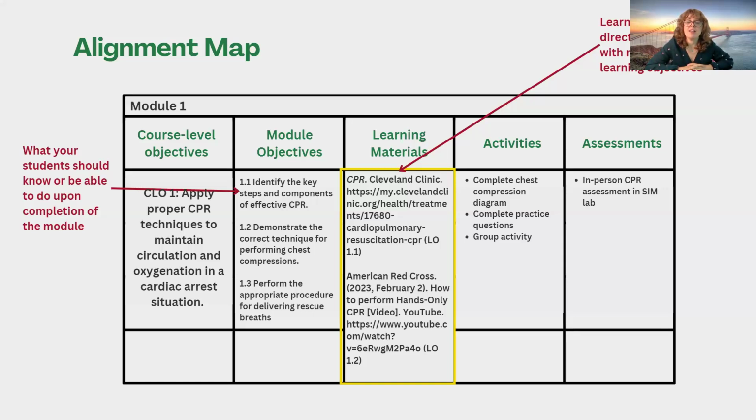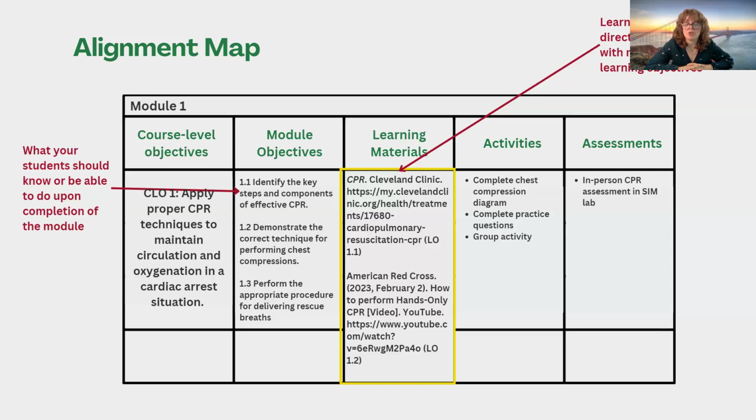But then it helps you to determine, okay, maybe I have an activity here that I don't have a material for, or an objective that I don't have information on. Then I can fill in those gaps and also maybe eliminate stuff that may be superfluous or maybe stressing your students' cognitive load and get rid of it.